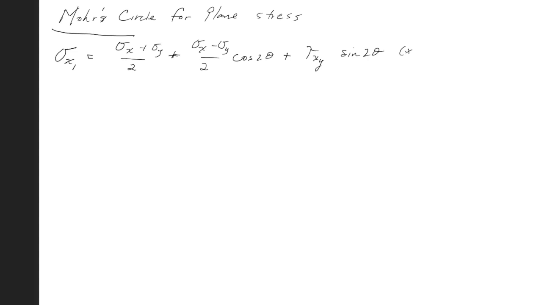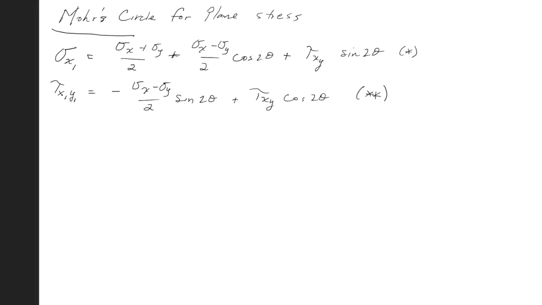Call this equation star. It's the first transformation equation for plane stress. The second one is for tau x1y1, and it's minus sigma x minus sigma y over 2 sine of 2 theta plus tau xy cosine of 2 theta. We'll call this equation 2 star.